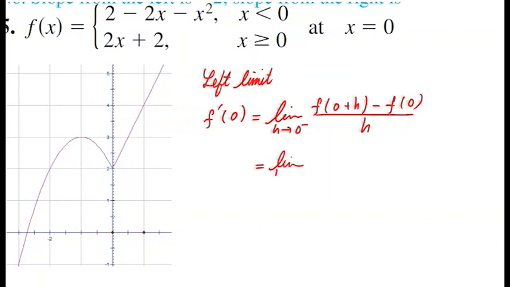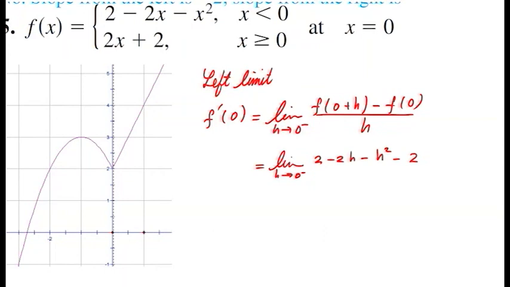So the limit as h approaches 0, and then we substitute 2 minus 2 times (0 plus h). Can I not write 0 plus h and just write h? Is that too confusing to everybody if I do this, or is it okay? It's okay. Yeah, fine. Minus f of 0, and f of 0 is 2, isn't it?